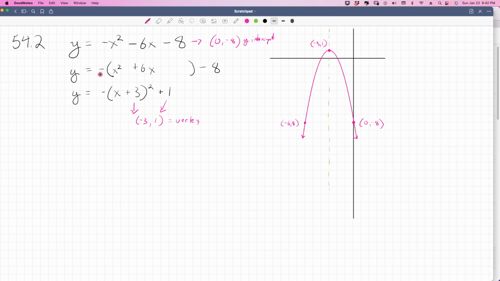Okay, so what happens with that is the same process as before. We take the 6, it's a positive now, so we multiply that times 1 over 2. That would be 3 squared, right? So that is going to equal 9.